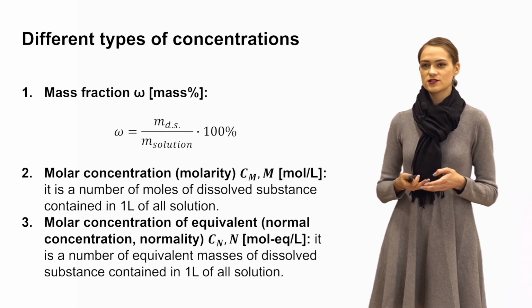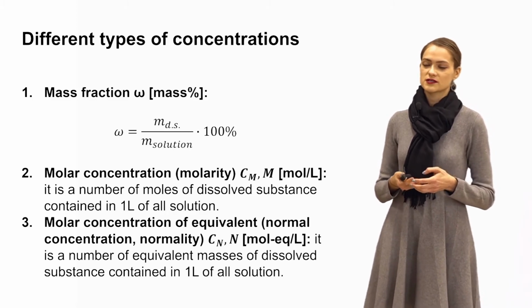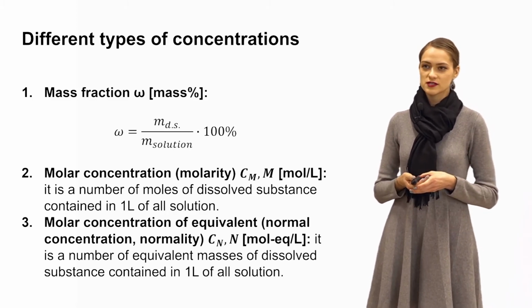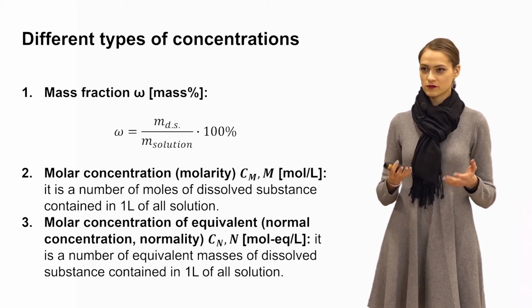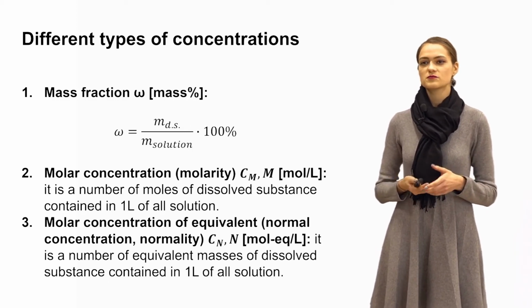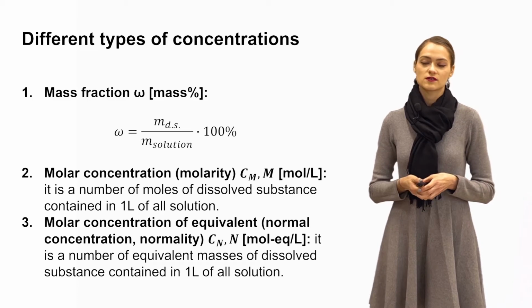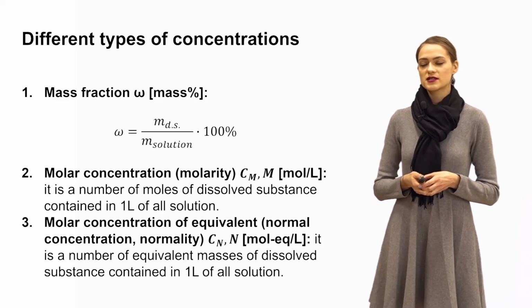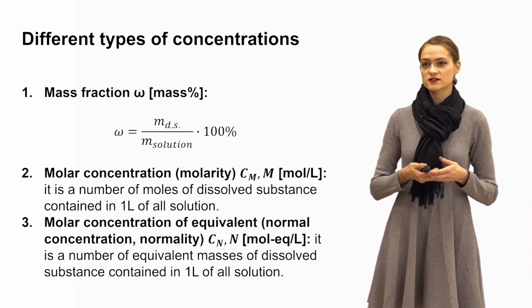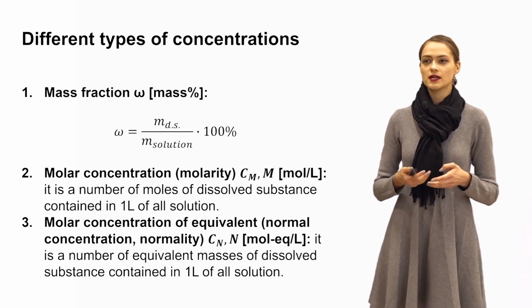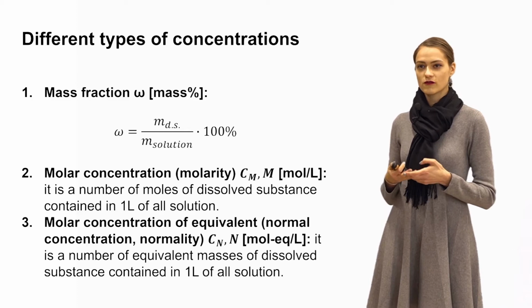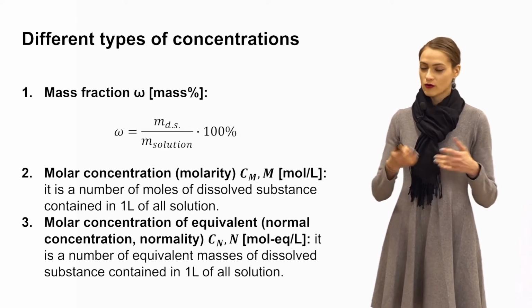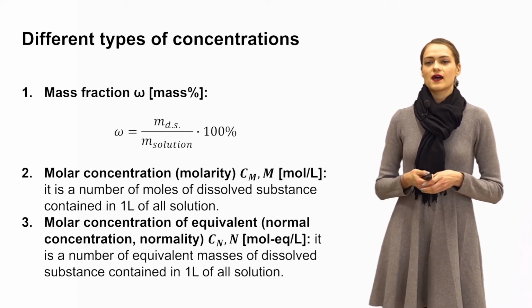So in this situation, we can say that the mass of all the substance, or if we talk about a solution, the mass of all the solution equals 100 grams. So sometimes we say that mass fraction is the mass of the pure substance in 100 grams of all the solution or complicated substance.